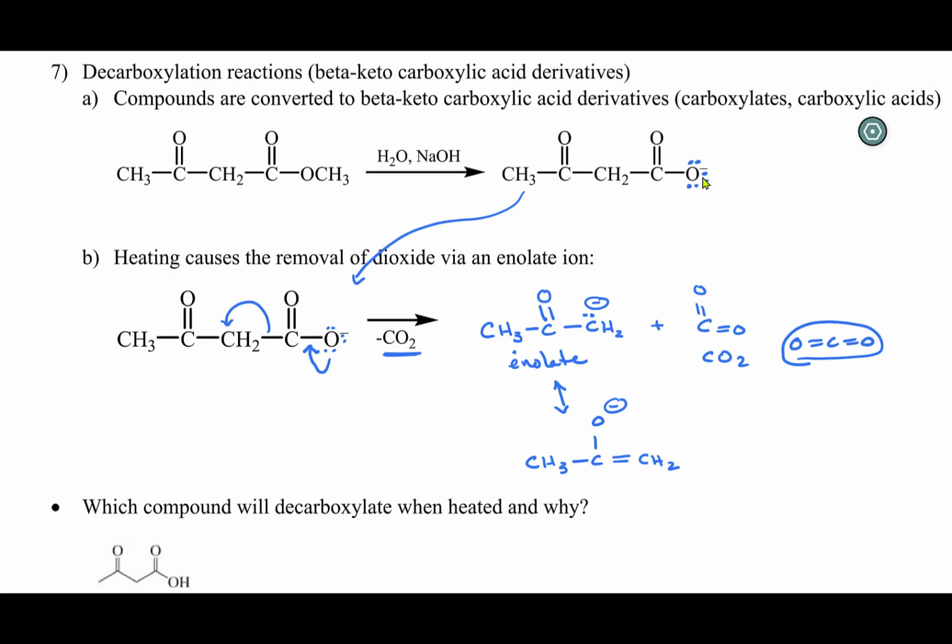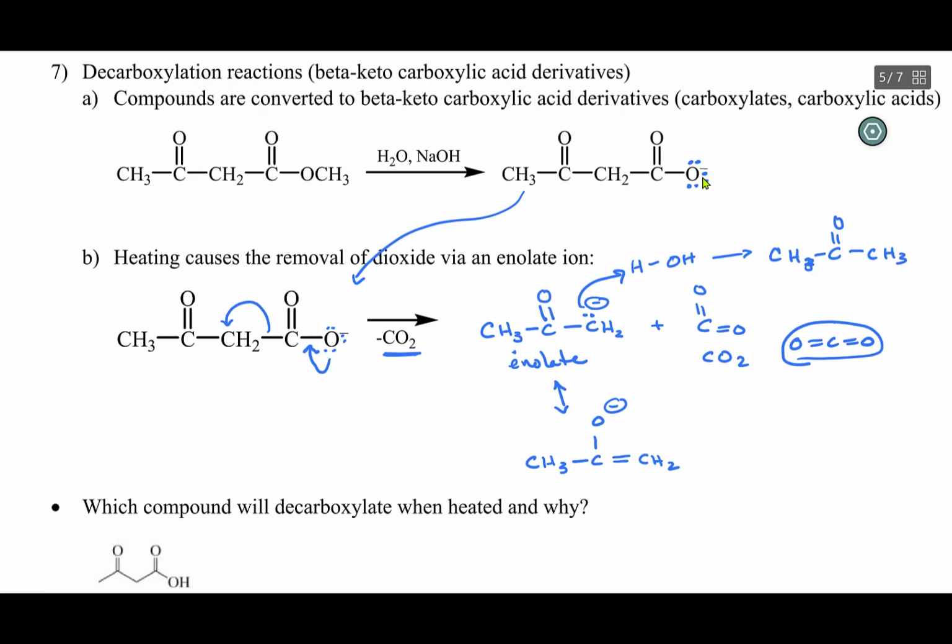That's the resonance structure. But eventually you'll pick up a hydrogen, let's say from a solvent like H2O, and then you'll end up with the keto form of the original enolate. In this case, you'll be getting acetone back like this.